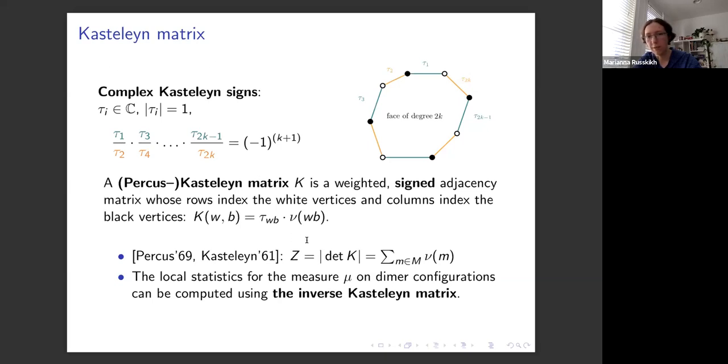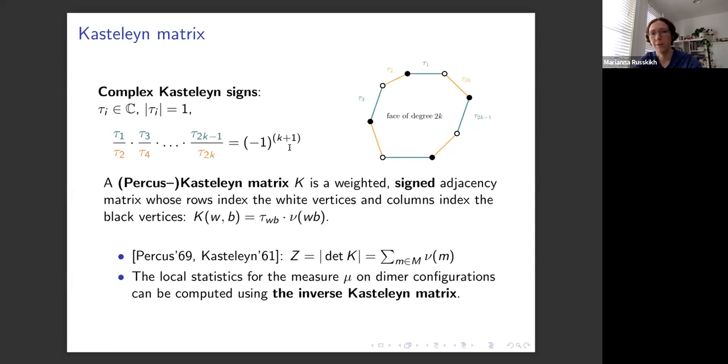First of all, it's easy to show that if we just take a weighted adjacency matrix without any signs, then the partition function is given by the permanent of such adjacency matrix, right? This is just equivalent, the definition of the permanent and the definition of the partition function in this case. However, the question is whether we can deal with the determinant, which is a better object than the permanent. And yes, if we add some signs, and the signs should be Kasteleyn signs.